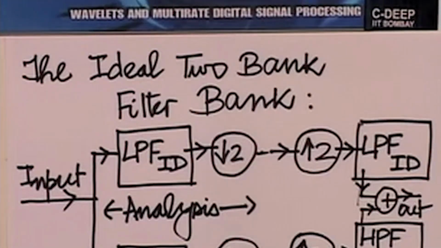Notice in the ideal 2-band filter bank, the analysis filters and synthesis filters are identical. There is no difference. In fact, on one of the branches, both of them are ideal low pass filters with a cutoff of pi by 2. On the second branch, both of them are ideal high pass filters, discrete time filters with a cutoff pi by 2 once again.